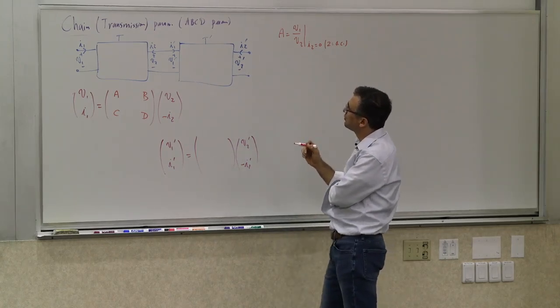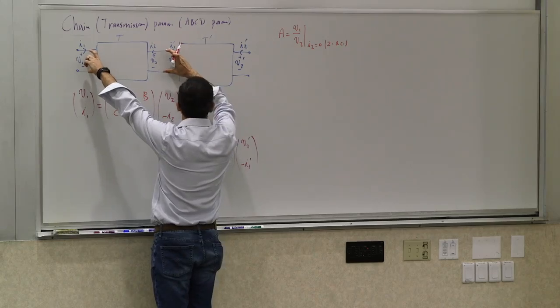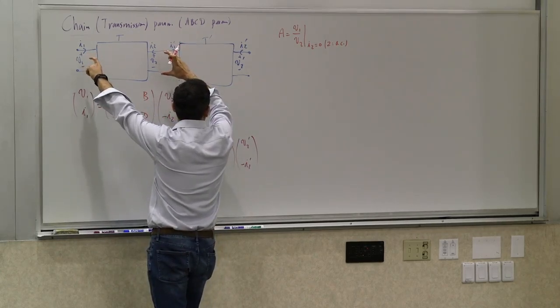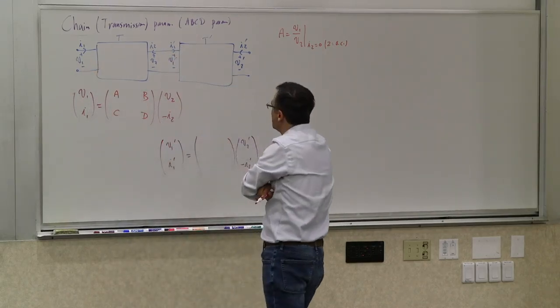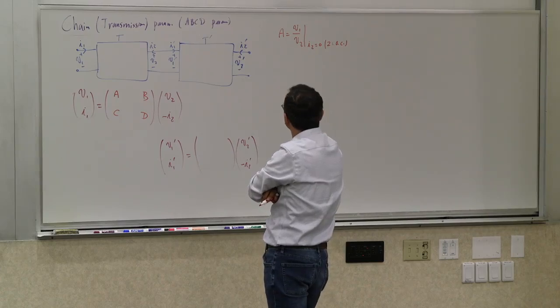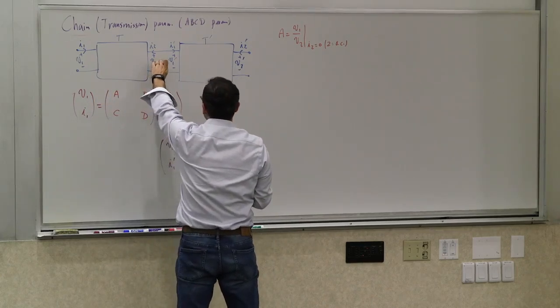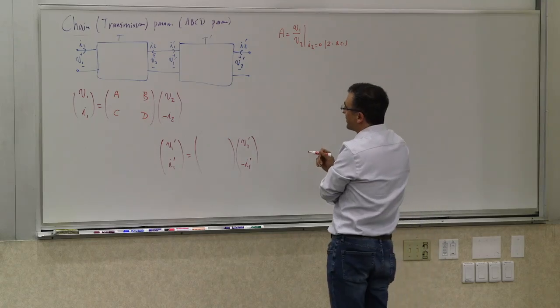You apply a voltage to port 1, and you look at the voltage at port 2, and you look at that ratio, the inverse ratio, and then evaluate that.